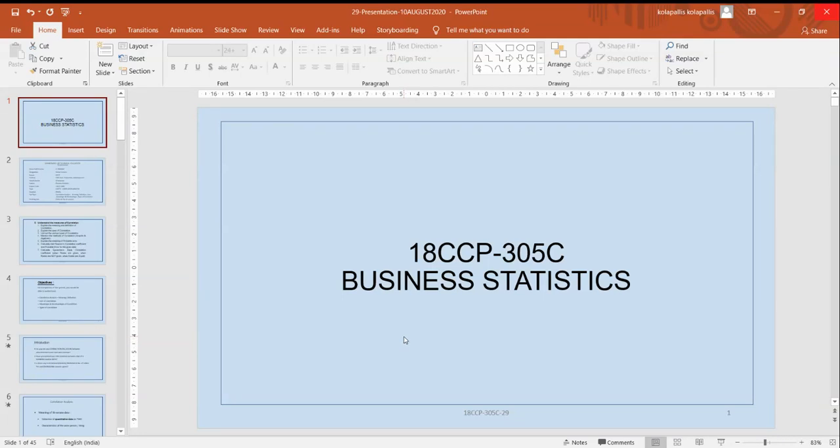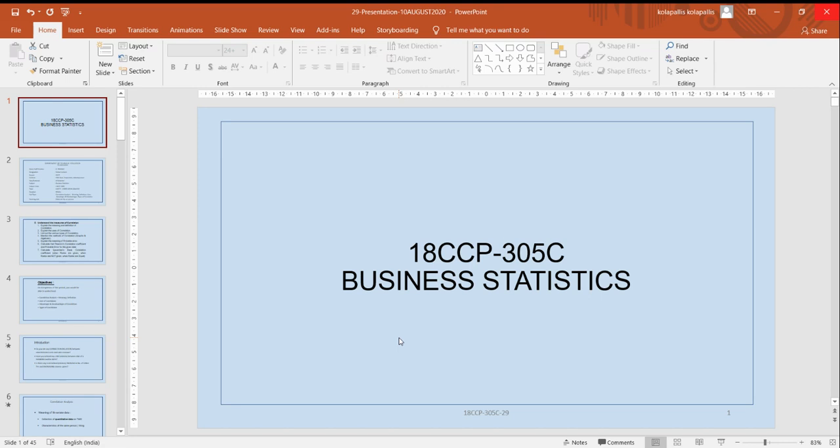In business statistics, till now we have seen 4 units of our syllabus, in which in the first unit we have looked into the introduction to statistics.